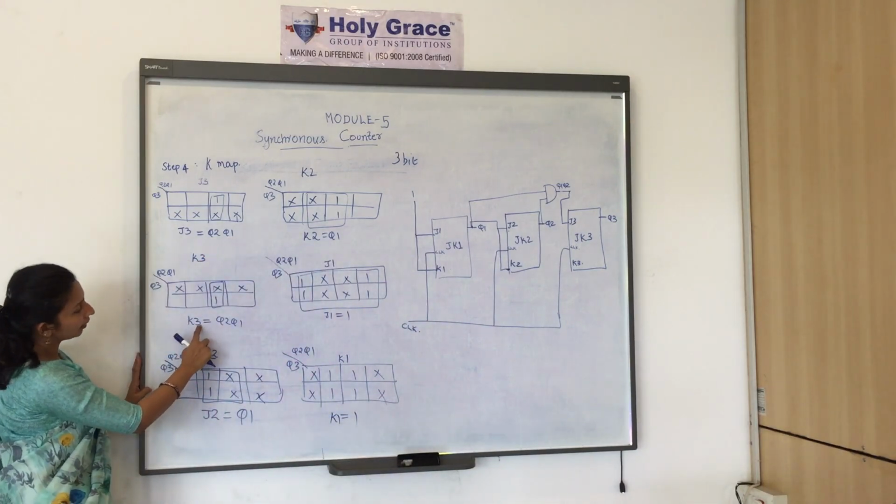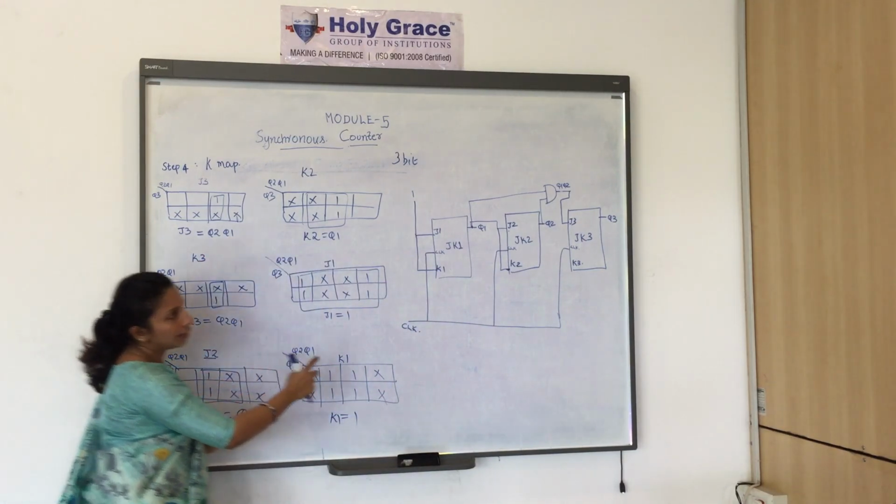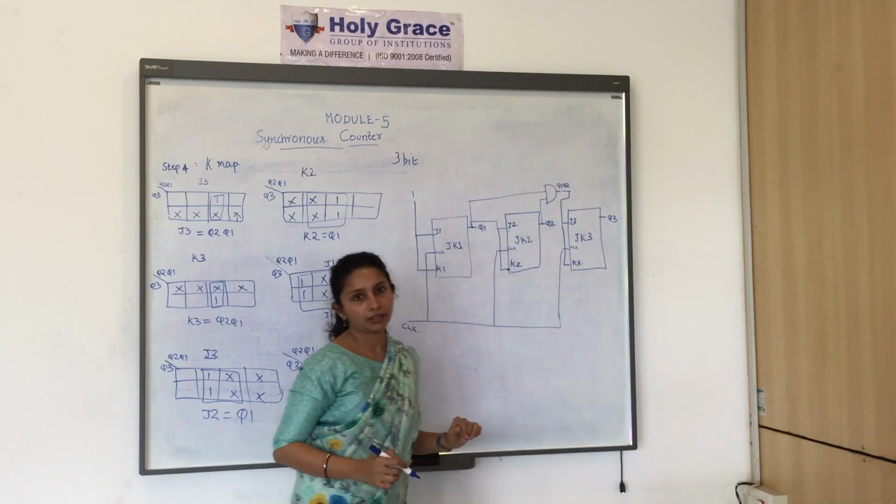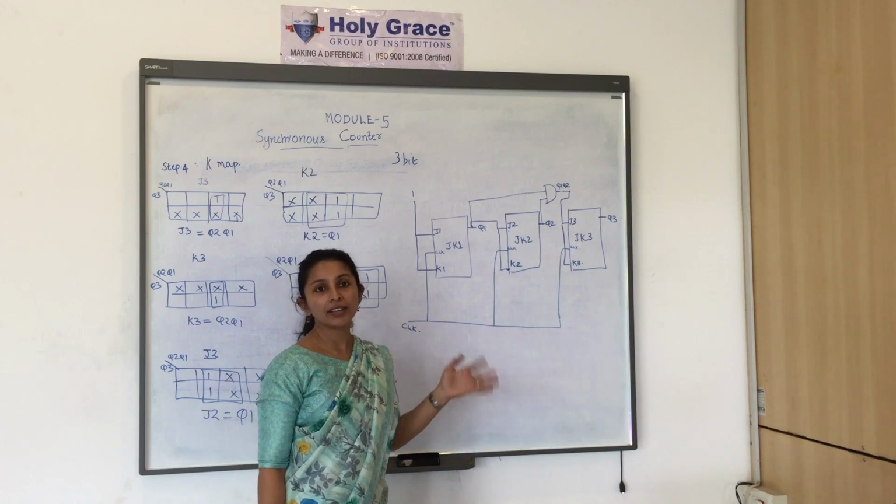Similarly, K3 is also Q2 Q1, so the same output is given to K3. So this is our final circuit.